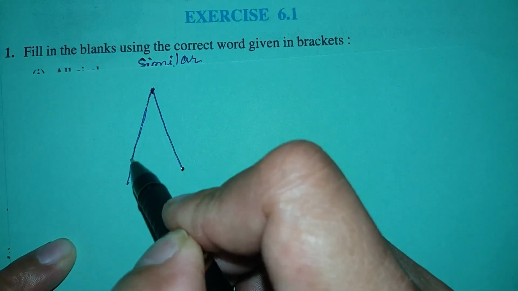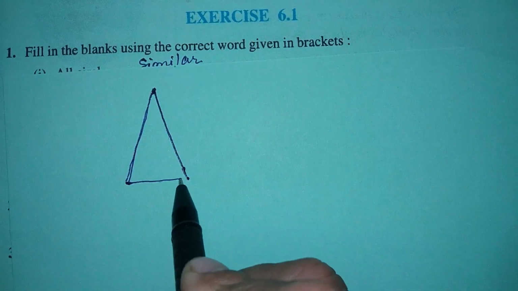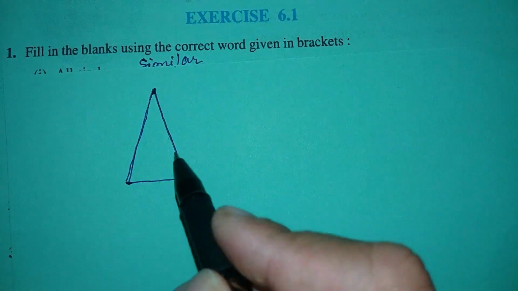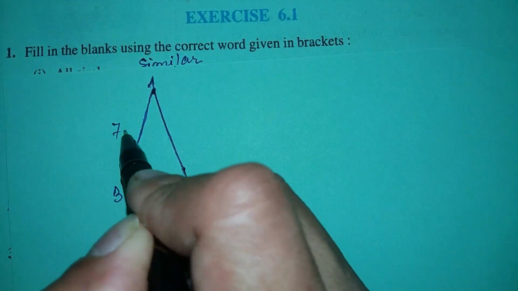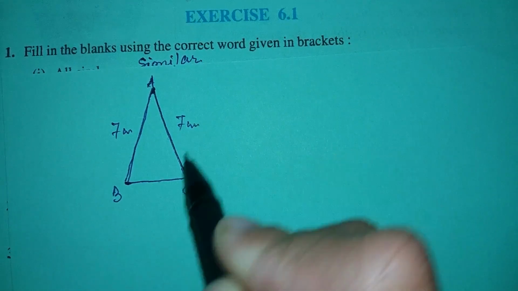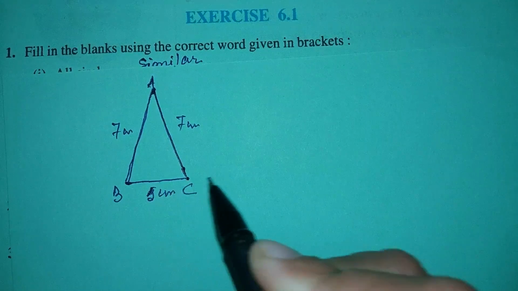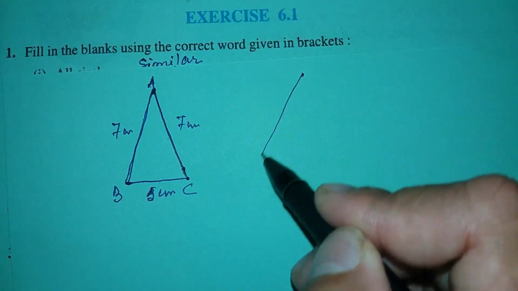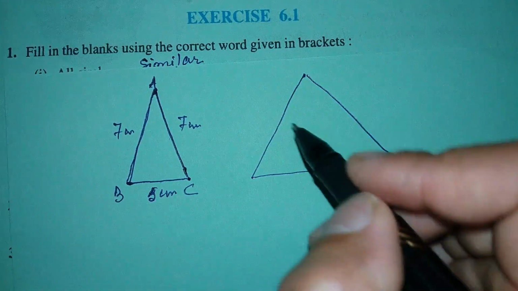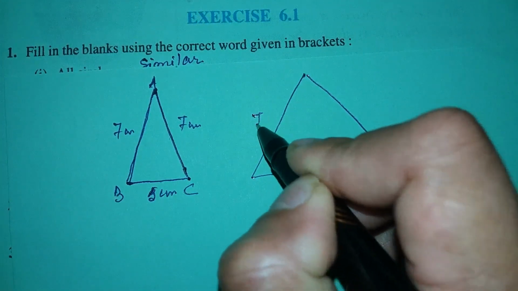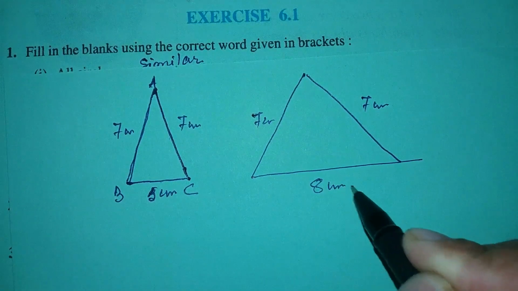You know that isosceles triangles are those triangles in which two of the sides are equal. So this is an example of isosceles. Let's say this is 7 centimeters, 7 centimeters, and here let's say 5 centimeters. Now another isosceles triangle, let's say this is 7 centimeters, 7 centimeters, and 8 centimeters.